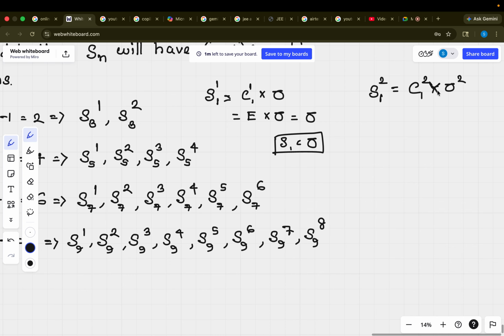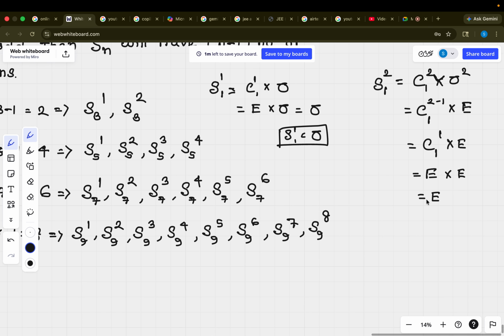C1 square you can write as C1 to the power 2 minus 1, and sigma square is identity. So you get C1 to the power 1 into identity, and C1 to the power 1 is identity, so overall you get identity. So S1 to the power 1 is equal to sigma, and S1 square is equivalent to identity.